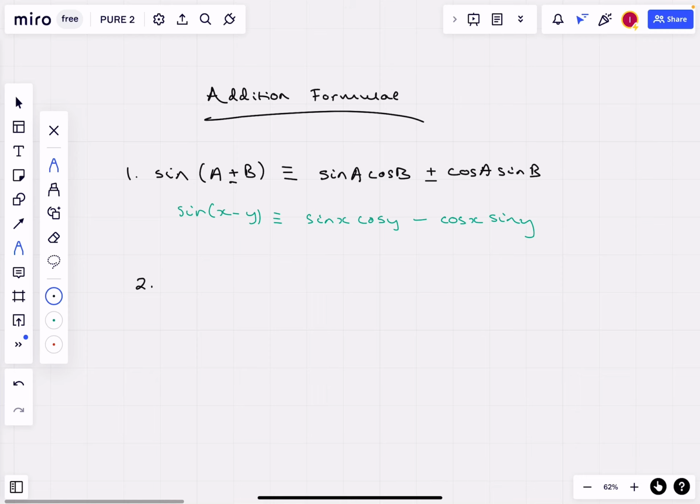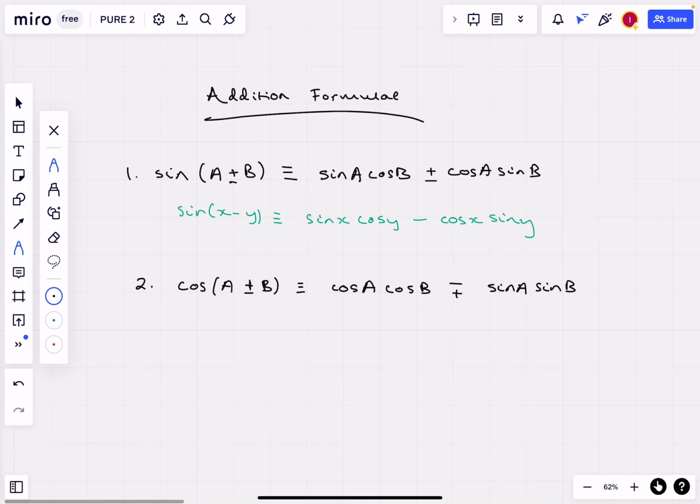Addition formula number 2 is for cos. So cos A plus minus B. The right hand side will look like this. Cos A cos B and then minus plus sine A sine B. This means when inside the bracket you have a plus, outside the bracket you're going to have a minus.